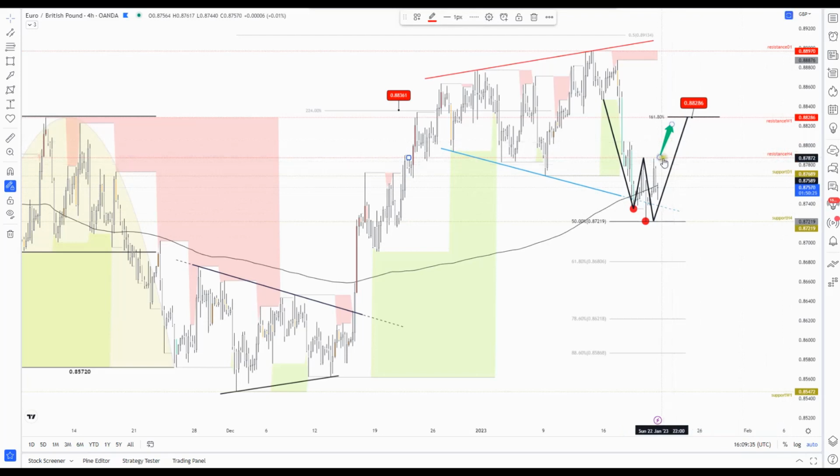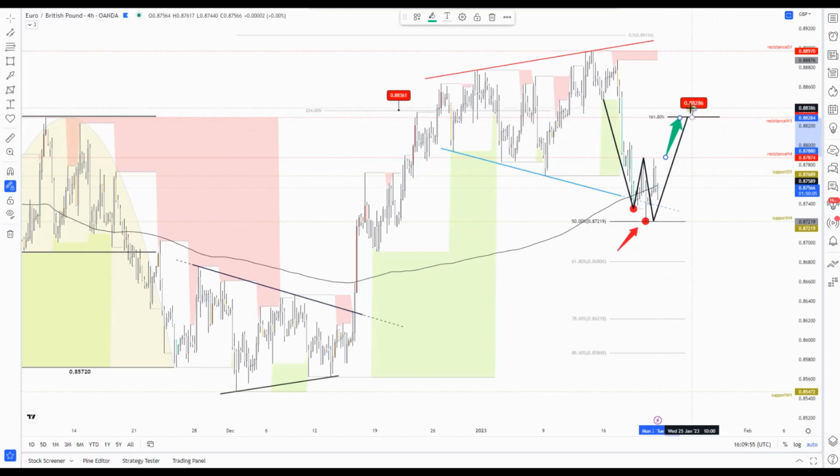A breakout of this resistance will confirm this as a potential false breakout, and a false breakout, as I always said, should be followed by an extension to the golden Fibonacci.